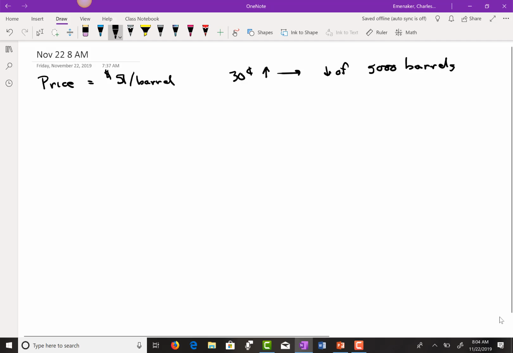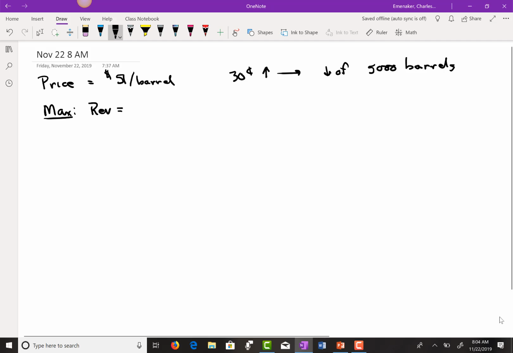Okay. What we want to do is optimize the revenue. Now, by optimize, does that mean to maximize it or minimize it? What do you want to do with revenue? Maximize it. So we want to maximize the revenue. And is there a formula for revenue?